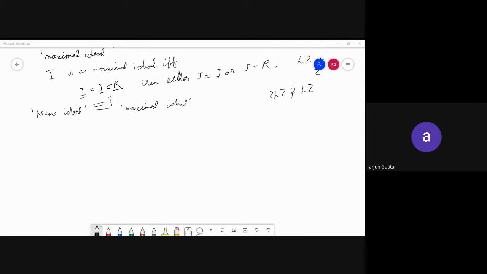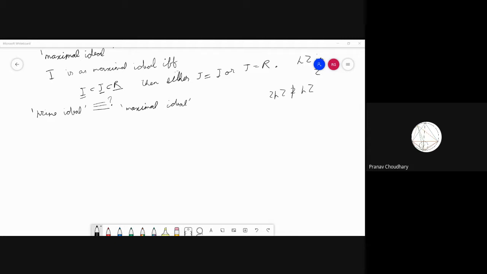So can we consider 1.5Z, which consists of 1.5, 3, 4.5? It's not Z, right? Z is integers. I think Z by 6Z works. Consider the ideal 2, 4, 6. Oh, I mean 0, 2, 4.